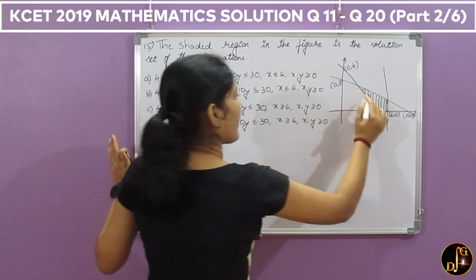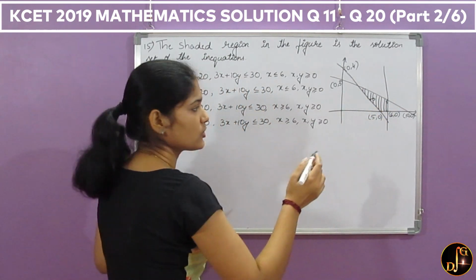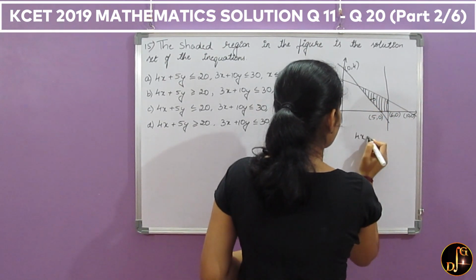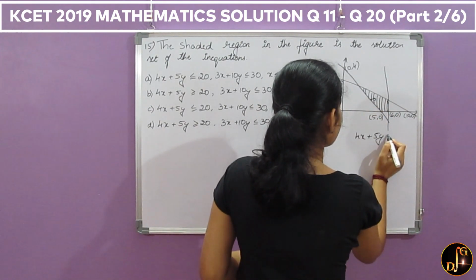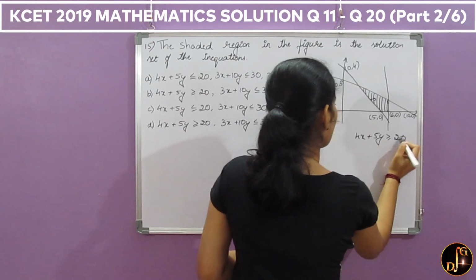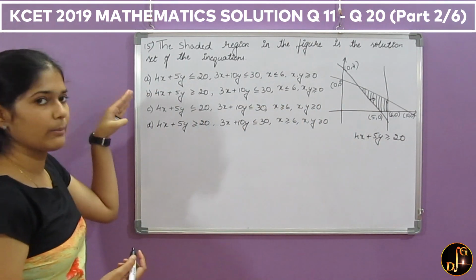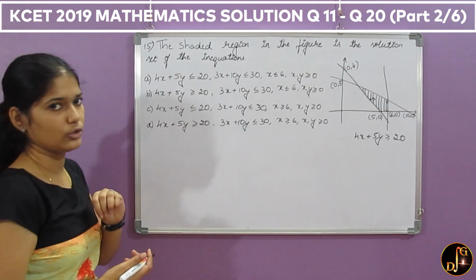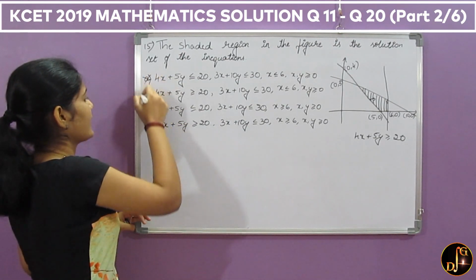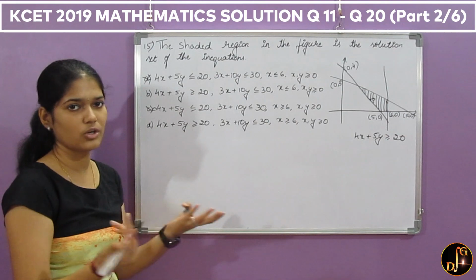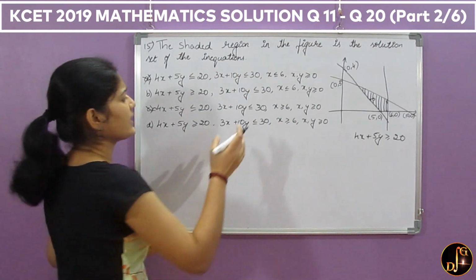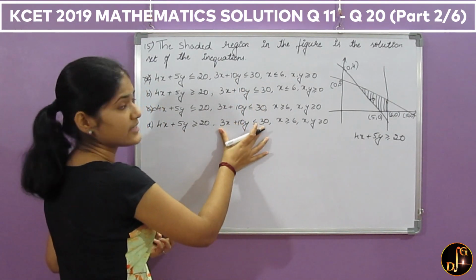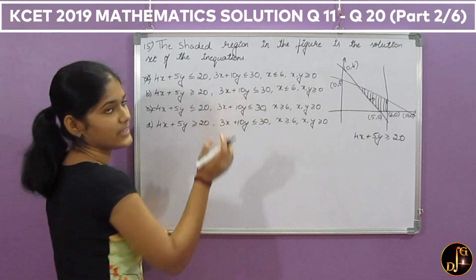And it is away from the origin. So clearly 4x plus 5y is greater than or equal to 20. In option B and D we have greater than or equal to 20. But in option A and C we have less than or equal to. So clearly we can remove those. In both the remaining options we have this inequality same. That means less than or equal to.